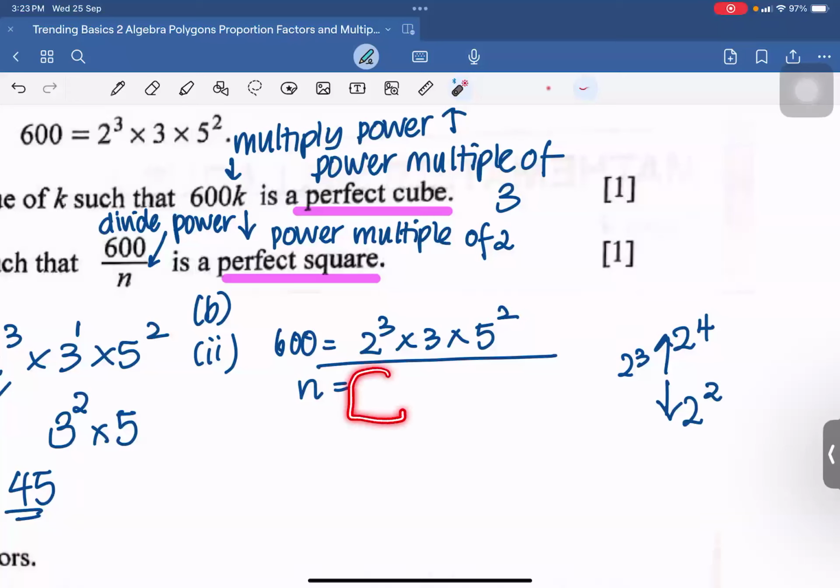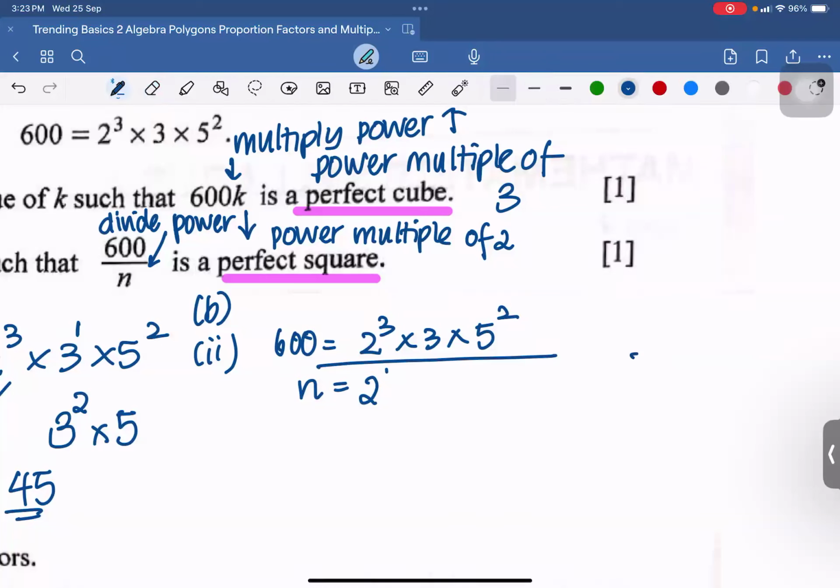So what number must I divide away such that you become 2 square? I divide by the number 2, 2 to the power of 1. Then next, 3. Can I make 3 become 3 cube? No. Cannot, right? So in this case, 3 must be totally no more 3.